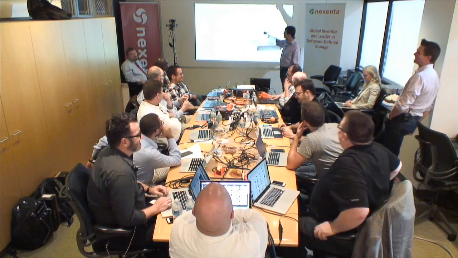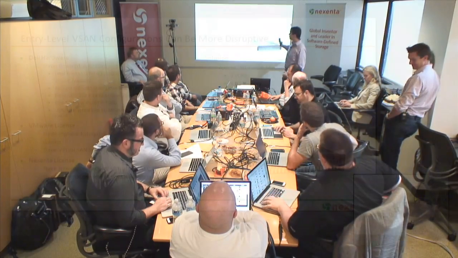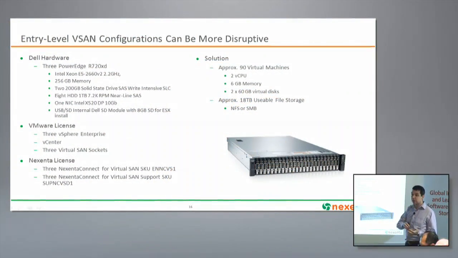So let me correct it. So you need to have, for some reason, Dell has a single socket VSAN certified server. 3 of them gives you 3 sockets. It is not a dual socket server. But it's okay. The basic premise is we follow the VSAN licensing. Yep, that is following.